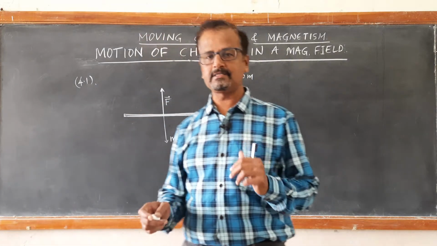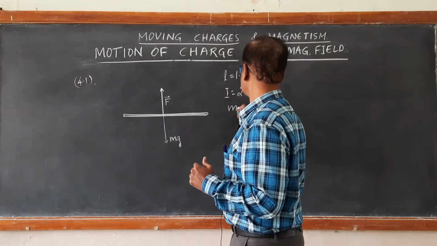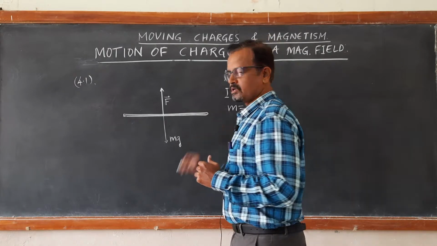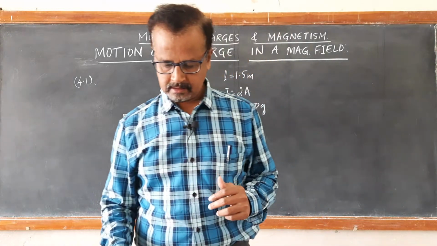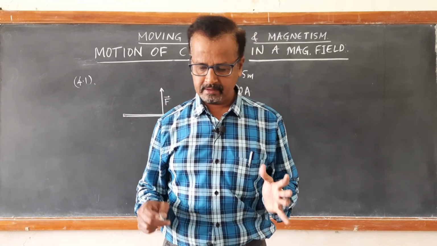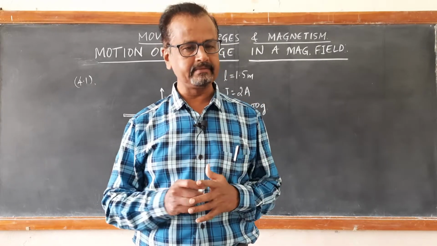Mass of this straight wire is 200 gram. It is suspended in mid-air by a uniform horizontal magnetic field.